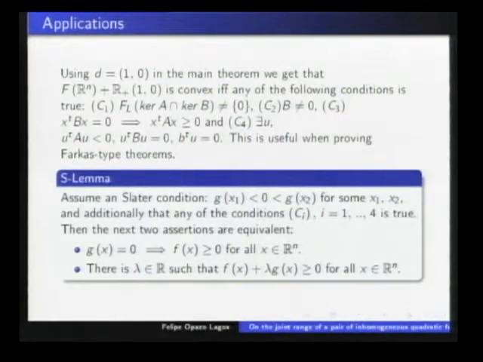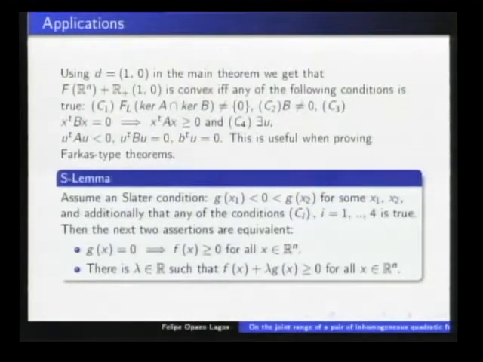Then we get the alternative theorem and S lemma. We can mention that a condition like this appeared earlier in the literature due to Moret, a classical work of Moret. So this setting contains the Moret one, okay?